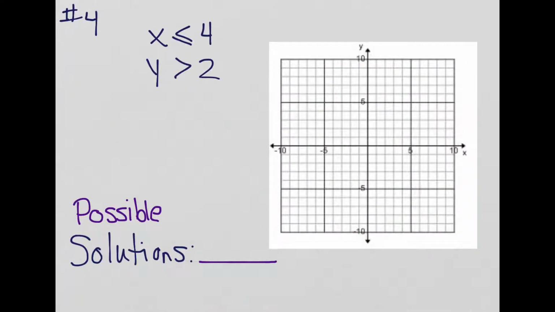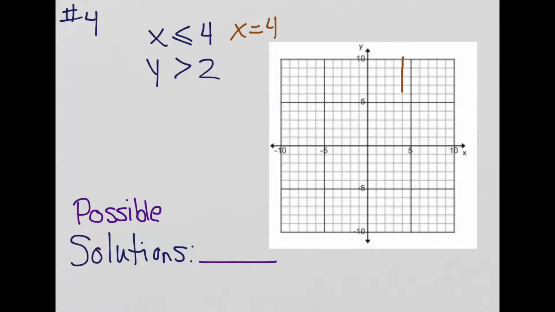Number 4. Number 4 is so easy that people trip and fall over it all the time because they forget this simple little idea. If there is only one variable, it's either a horizontal or a vertical line. So this one is like saying x equals 4. X like an axe, like a tomahawk chop.